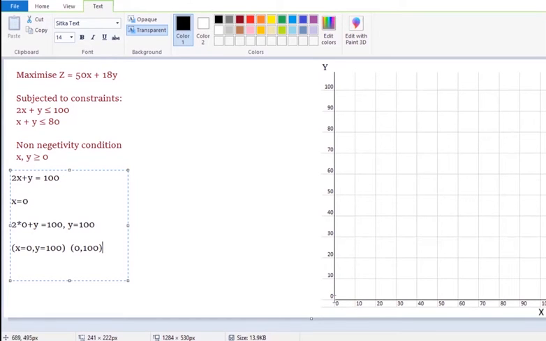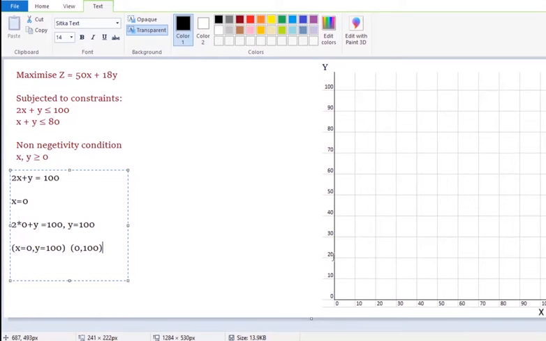Here is x equal to 0. On this axis, x becomes 0 here, and if you move up, x will remain 0, but the y value will change.